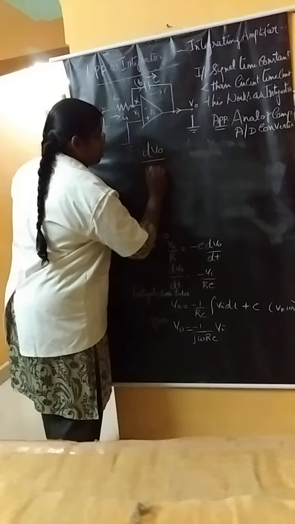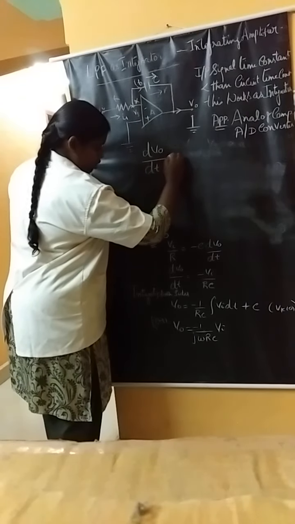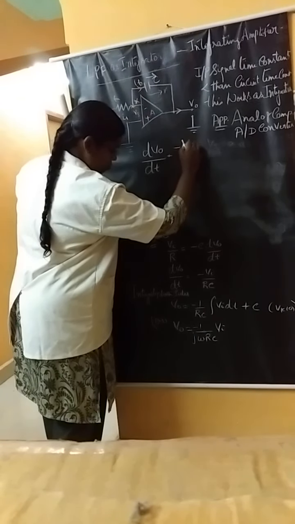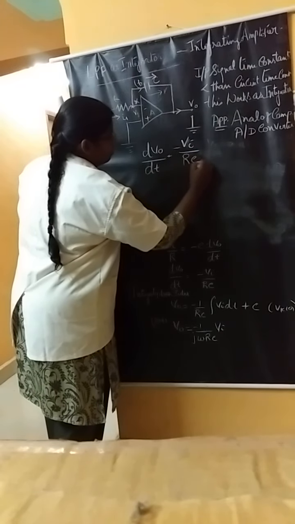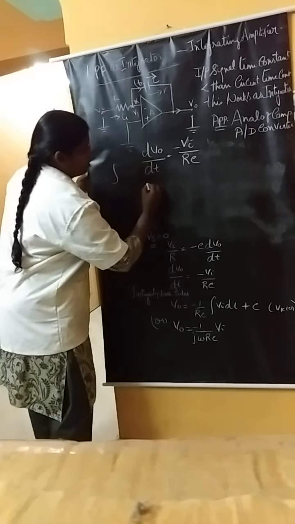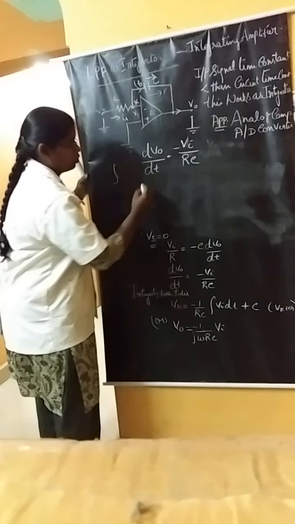So dV0 by dt equals minus Vi by RC. Now integrating both sides, the differentiation goes away.